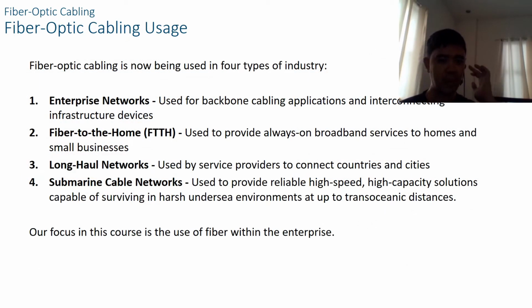We do know that fiber optic is now used for home internet, so this is one option, fiber to the home. It can be used as backbone cables for enterprise, backbone or vertical cabling, say connecting the backbone switch, your centralized switch. Usually this switch, the center of your network, has ports with higher bandwidth.